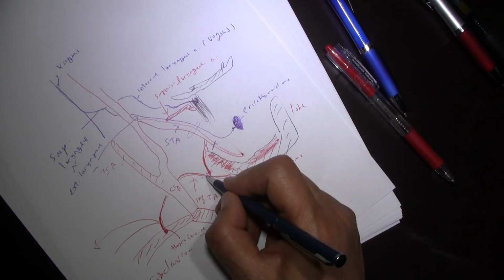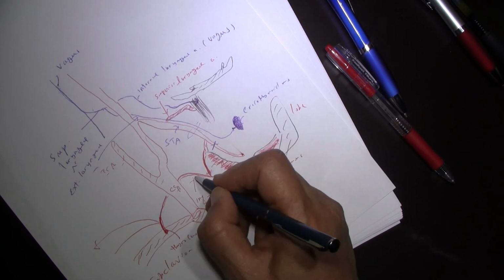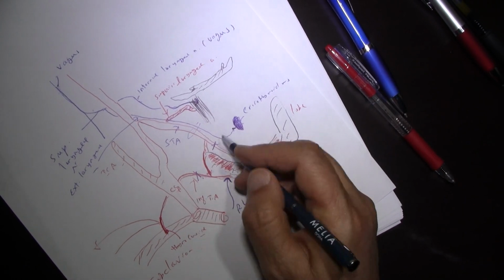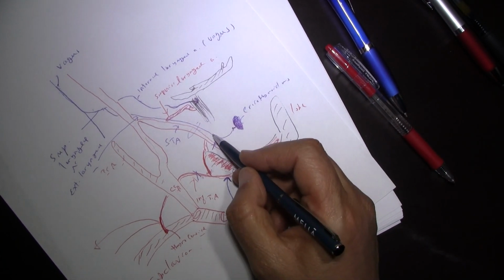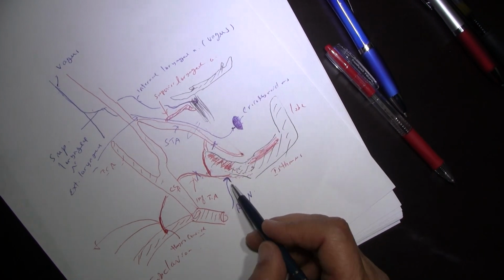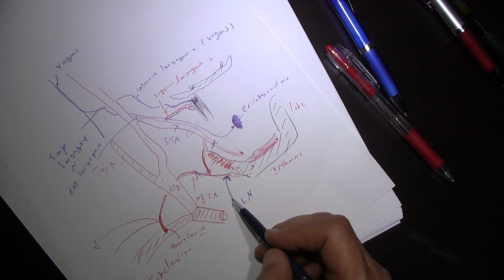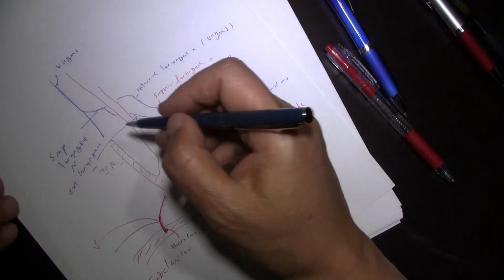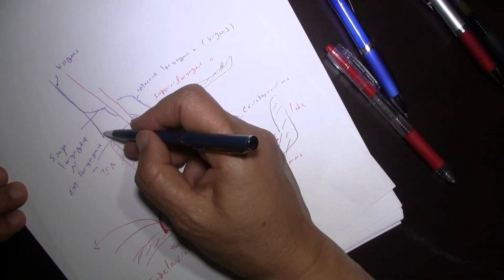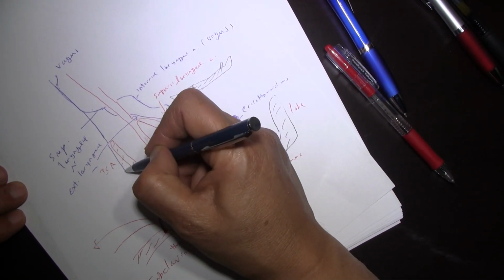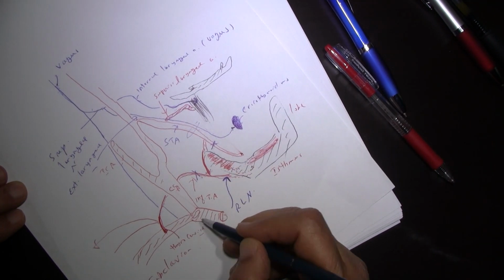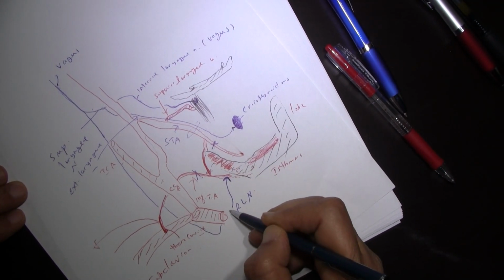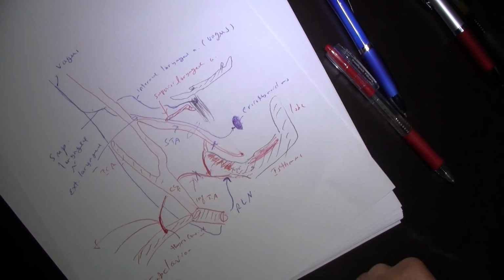So if you want to ligate this artery, you ligate it away from the gland, but the superior thyroid close to the gland. Why? Here to avoid injury of the external laryngeal, but here to avoid injury of the recurrent laryngeal nerve. Keep in mind again that the vagus nerve sends this branch, which is called recurrent laryngeal also. We are going to talk about that.